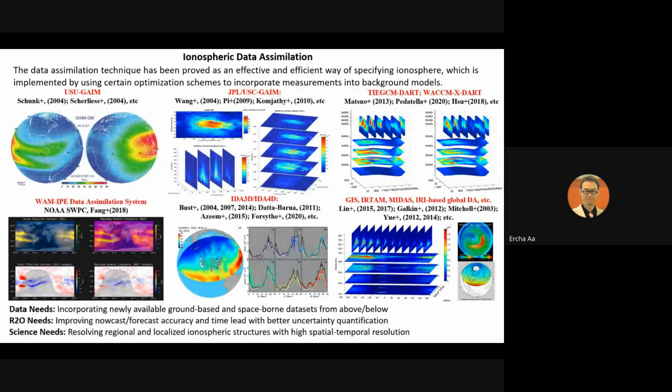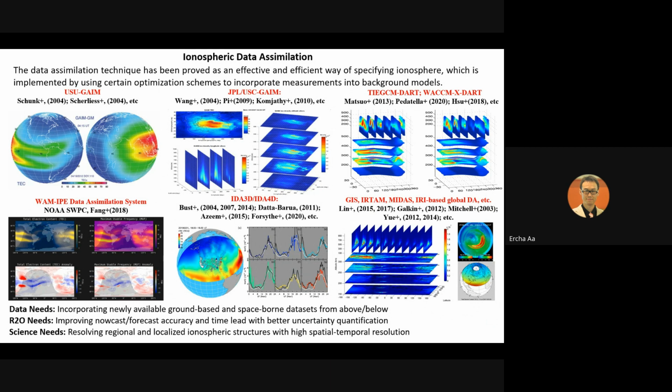So why do we need to do data assimilation? Because we know the ionosphere is a very complicated dynamic system. Accurately imaging and modeling the ionosphere has always been a challenging task for the space weather community, because the ionosphere has not only very considerable climatology changes, but also significant weather fluctuations, both in time and space.